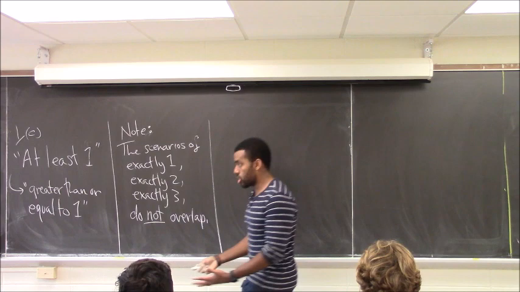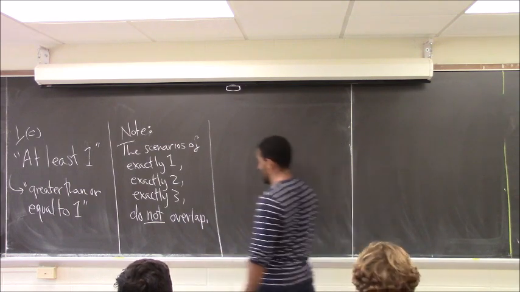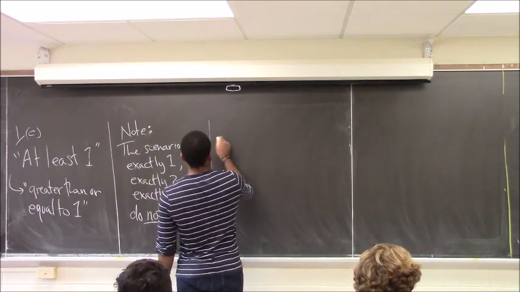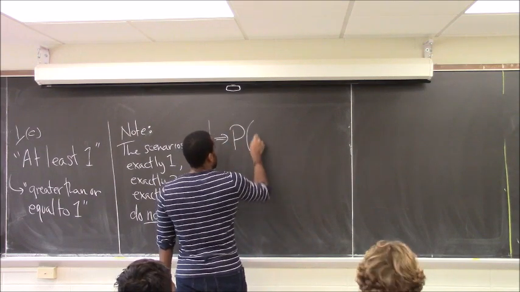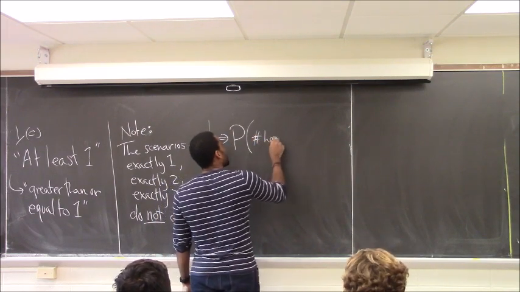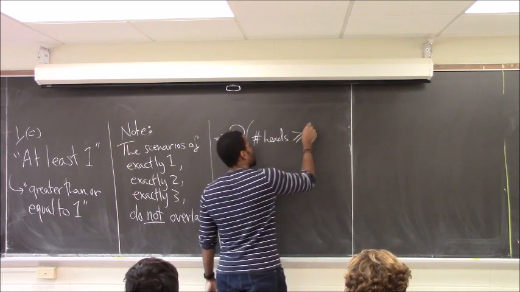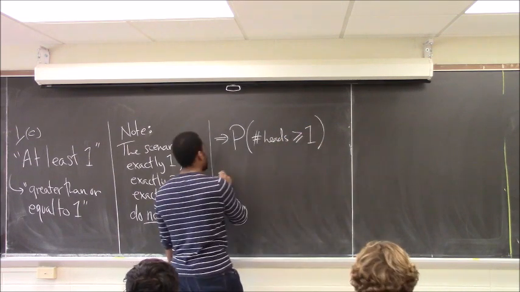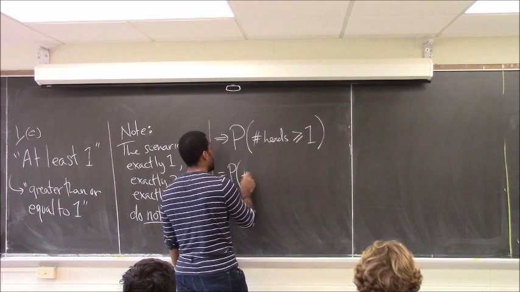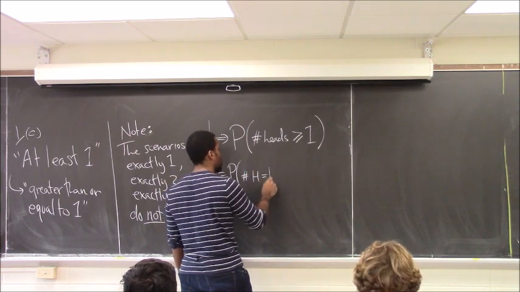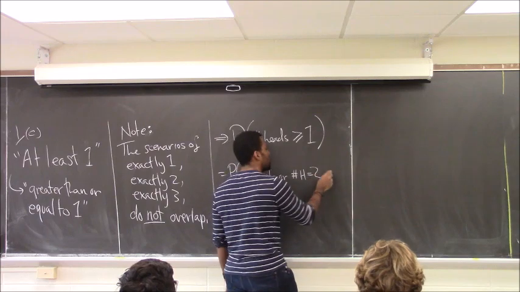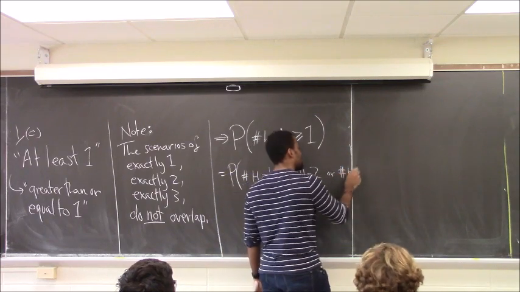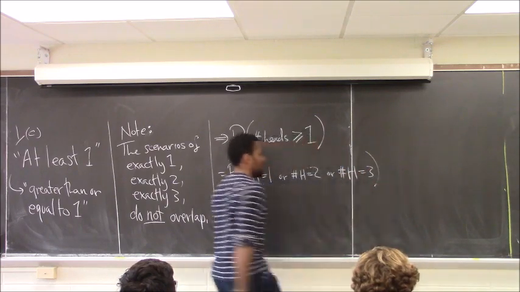So that's the first thing you're going to notice. The second thing you're going to notice is that the probability that the number of heads is greater than or equal to 1 is the probability that the number of heads equals 1, or the number of heads equals 2, or the number of heads equals 3.